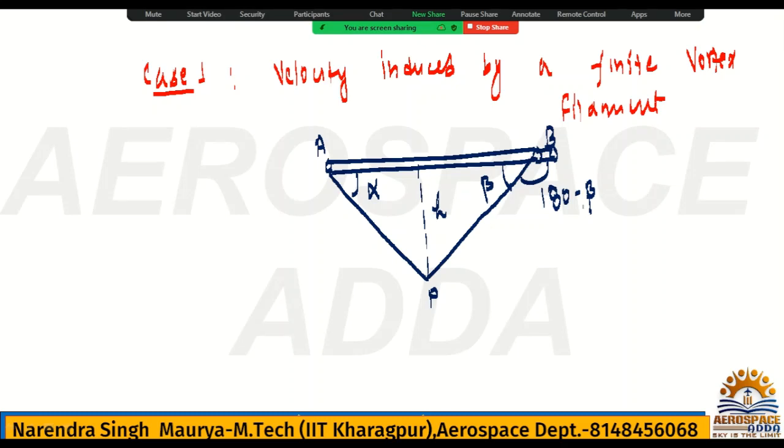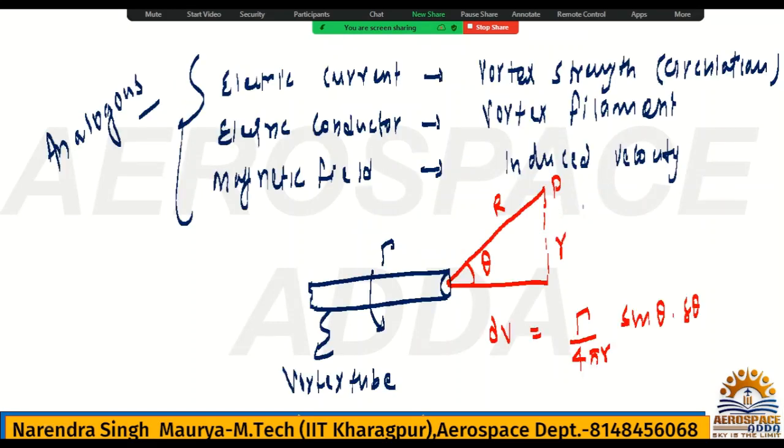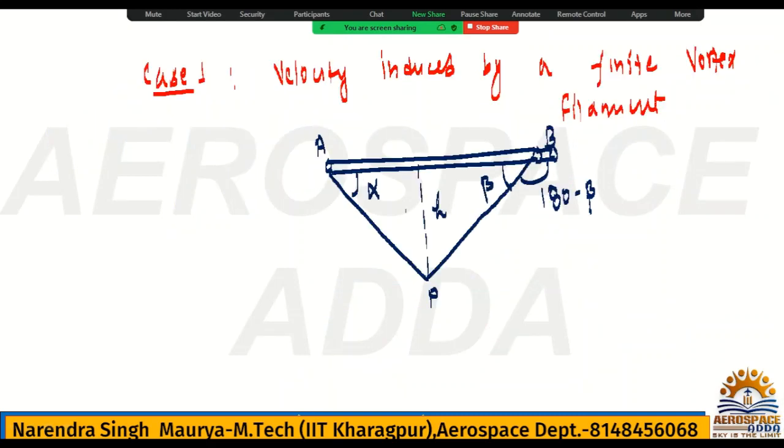Now, as I have given this formulation, circulation upon 4 pi r sin theta d theta, what is the perpendicular distance here? It is nothing but h. So the same formula I can write here: induced velocity at point p, dVp.